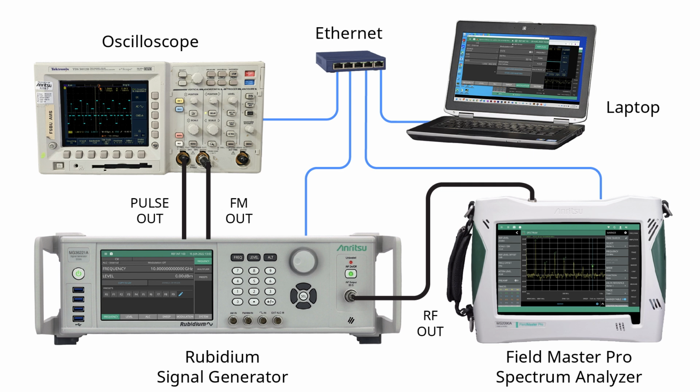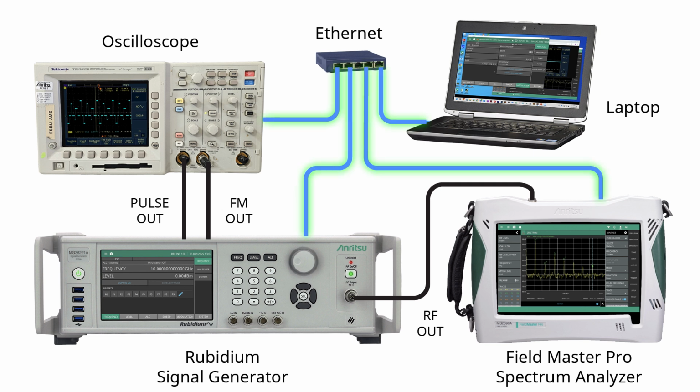This is my demo setup. The RF output of the Rubidium signal generator is connected to an MS2090A Anritsu handheld spectrum analyzer. You can see that I have connected Rubidium's FM and pulse baseband outputs to an oscilloscope so that we can see the baseband waveforms being used for internal modulation.